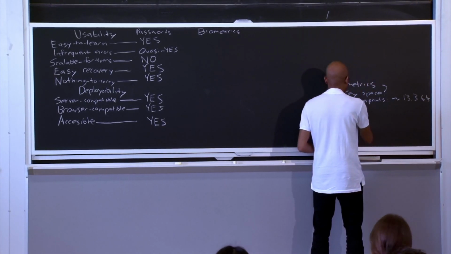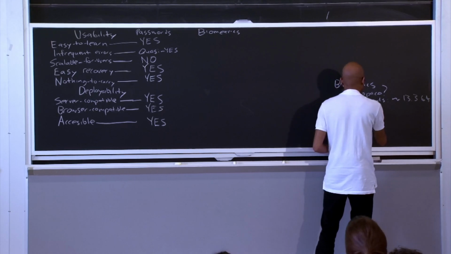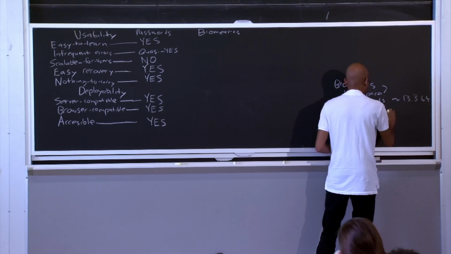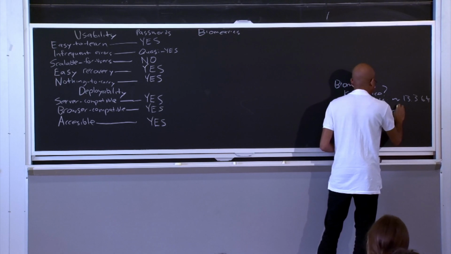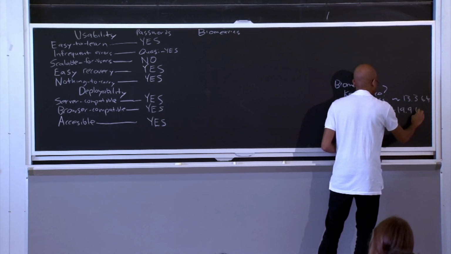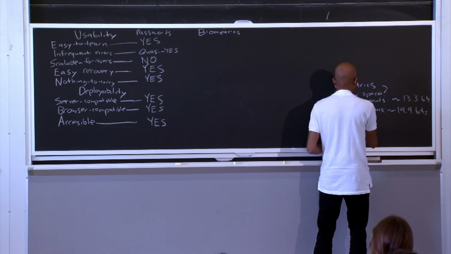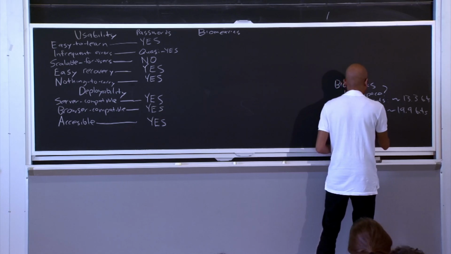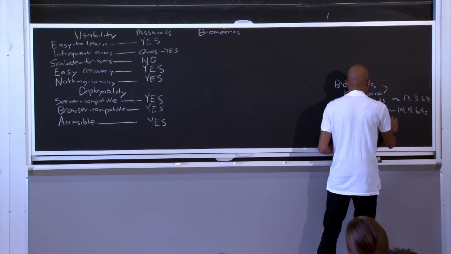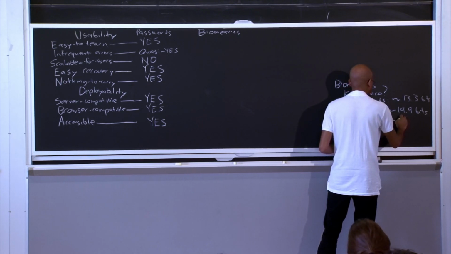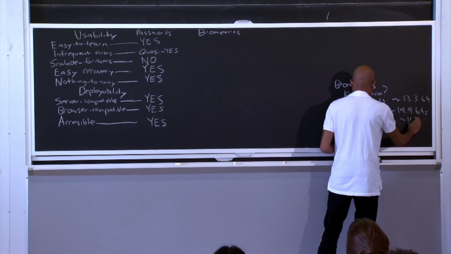If you look at iris scanning, the amount of entropy is roughly 20 bits. And if you look at voice recognition, the amount of entropy is roughly about 12 bits.